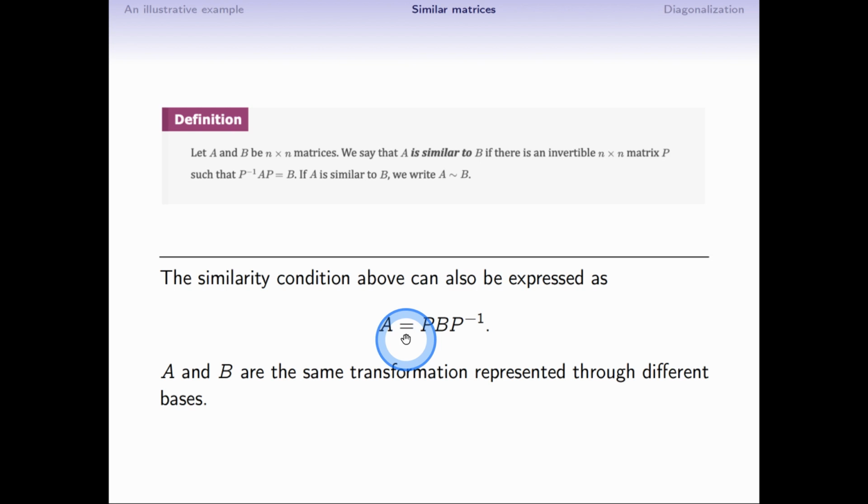This would say that the matrix A is representing some transformation in the standard basis vectors for Rn. And B is representing exactly that same transformation.